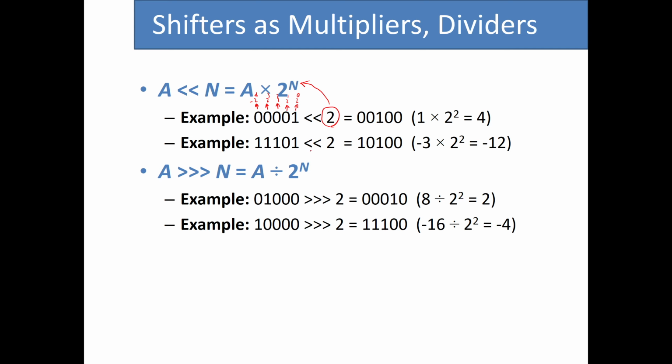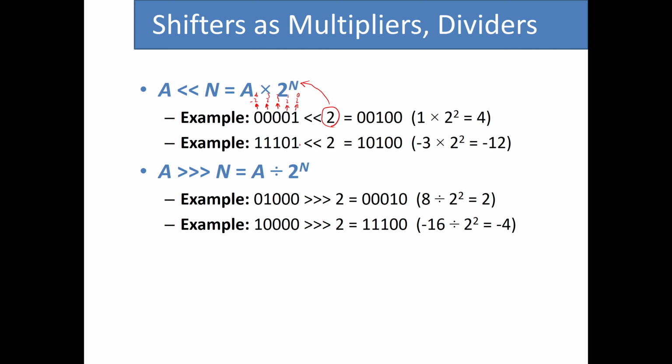I arithmetically left shifted 2 places, and what I get is 1 0 1 0 0. This is in fact a negative number because the sign bit is negative, and its value, when you multiply it by these weights, is going to be negative 12.